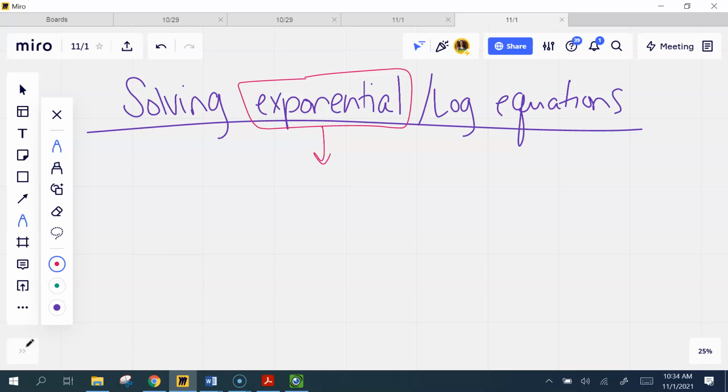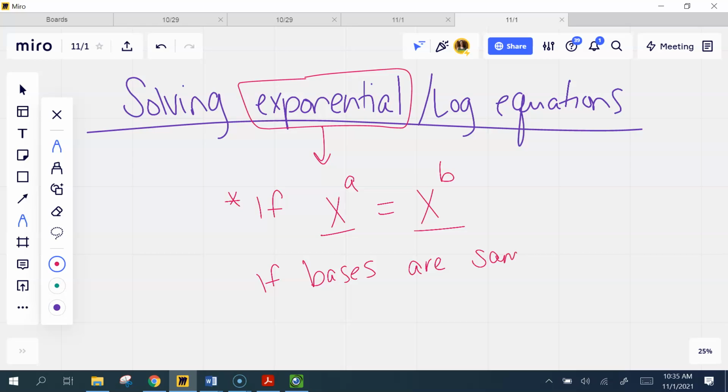A couple of things to remember. If you have something along these lines, in other words, the bases are the same, what do you know about the exponents? They have to be the same also. Those have to have the same value, right? If the bases are the same, that's going to be a really handy little tool to have in our tool belt as we start working with some of the exponentials.